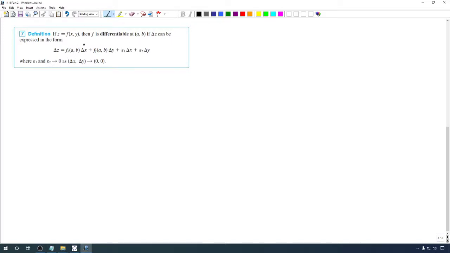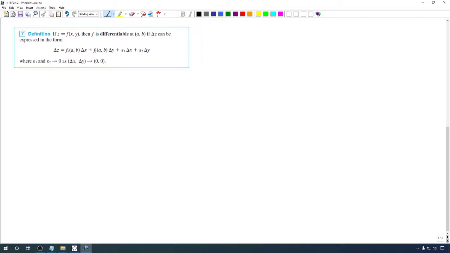And we're saying that as long as we can write down our delta z in this particular form for some unspecified epsilon 1 and epsilon 2 that go to 0 as delta x, a difference in x's, and delta y, a difference in y's, also go to 0, 0. I'm not too fond of this particular definition, but there's a reason why they're using it.